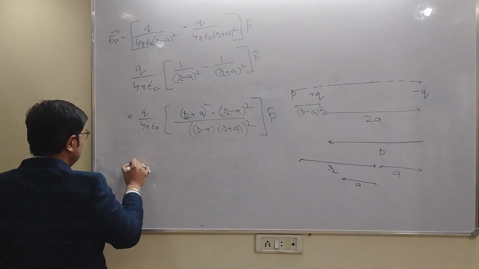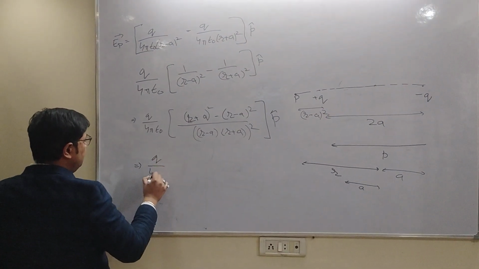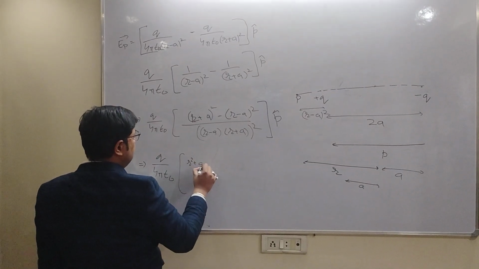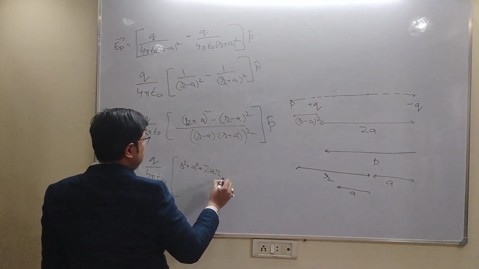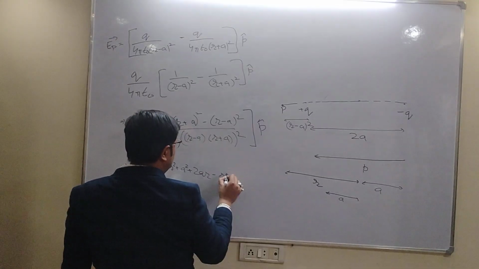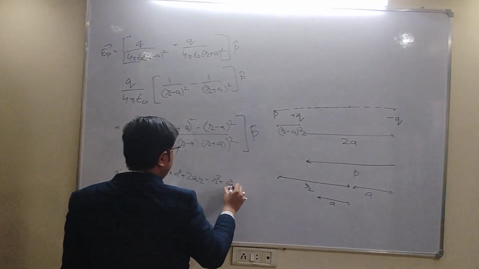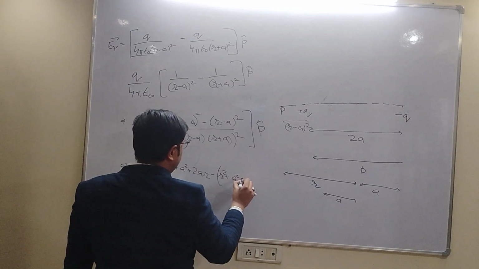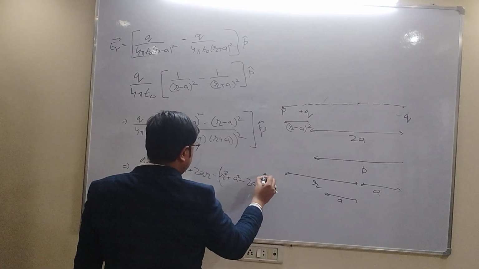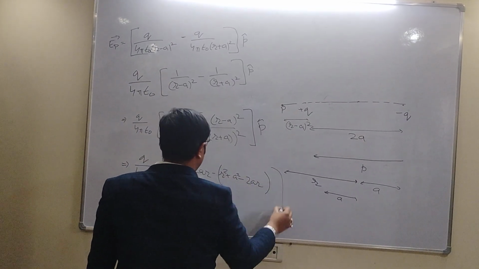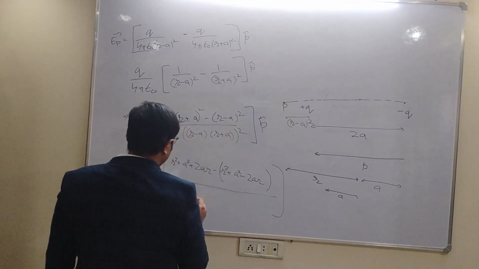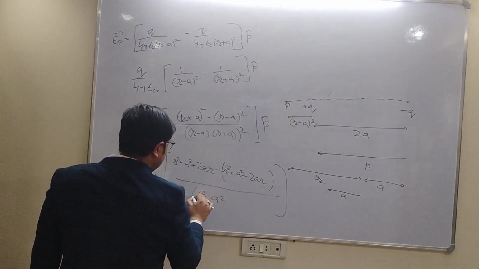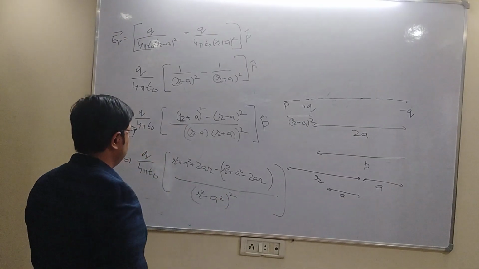So it turns out q over 4 pi epsilon, r square plus a square plus 2ar minus r square plus a square minus 2ar, over r square minus a square power 2.